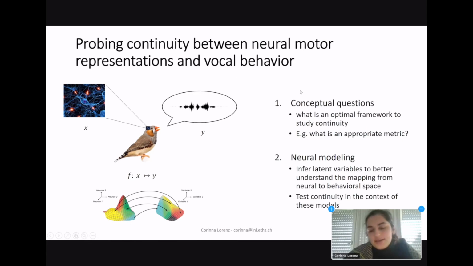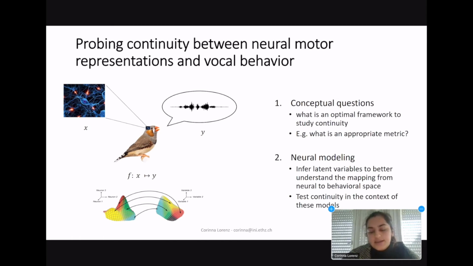For the project, we have 2 parts. First, you will work on the conceptual questions and ask what is an optimal framework to study continuity. For instance, what is an appropriate metric, and how can we test statistically whether continuity is preserved?